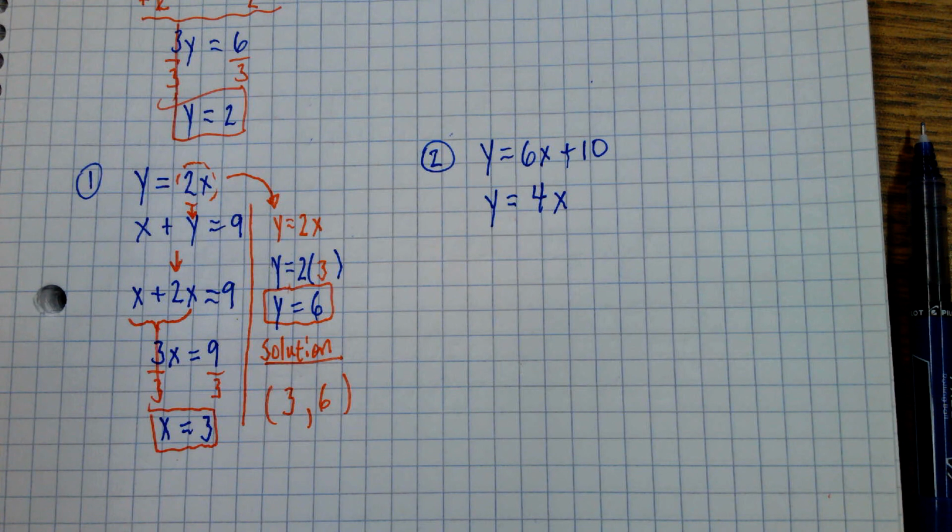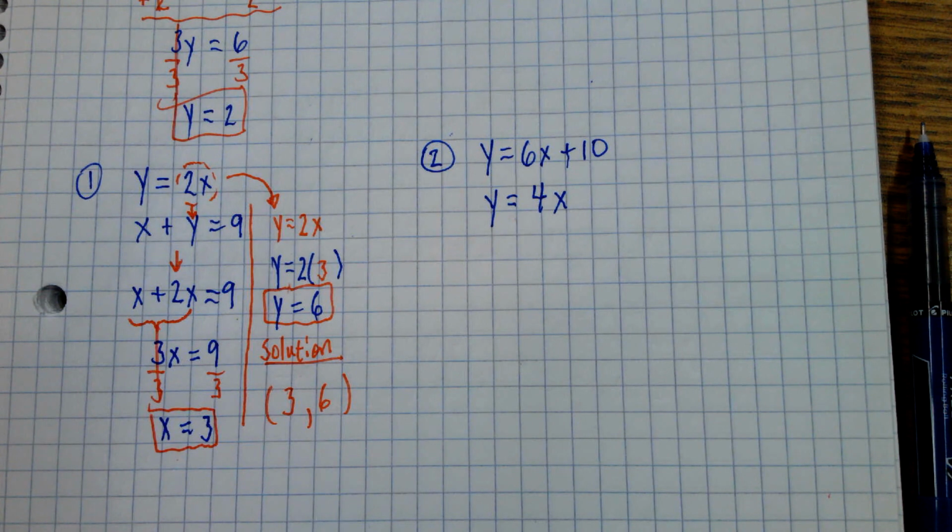First thing we want to do is look for a variable that's isolated. That either says x equals all by itself or y equals all by itself. Do you notice we have two of them? We have y equals 6x plus 10, and then we have y equals 4x. They're both basically in slope-intercept form. So we have a choice.